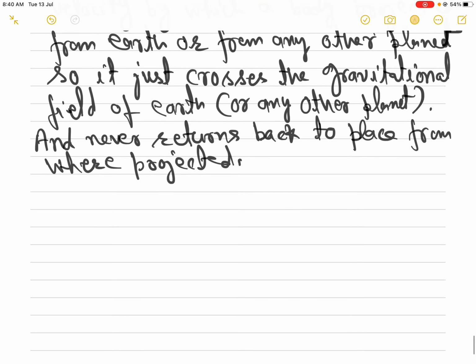Means in short we can say escape velocity is the minimum velocity by which when a body is projected it overcomes the gravitational field of that place. It may be earth or any other planet or any other body.